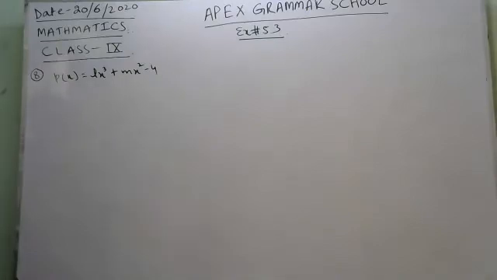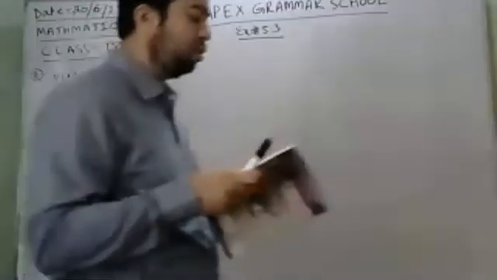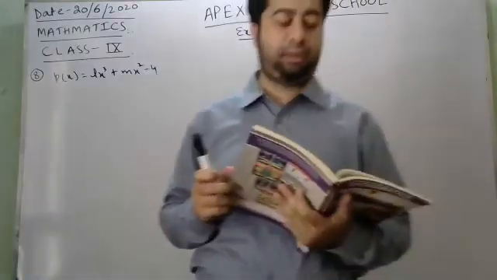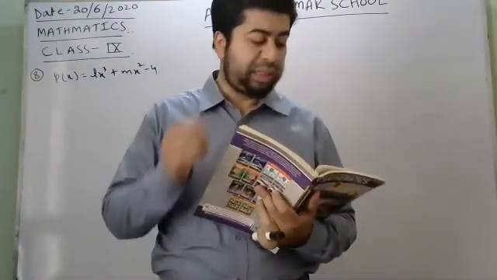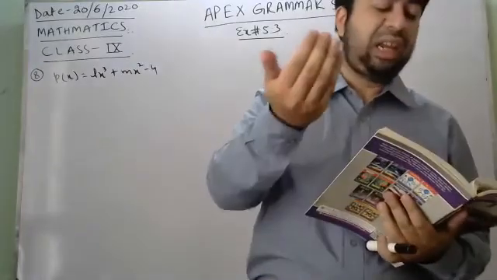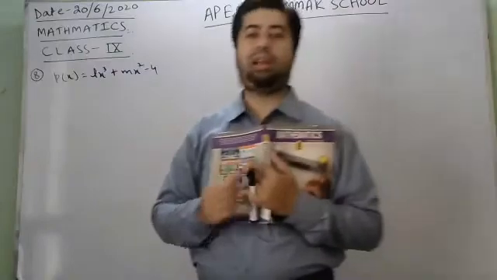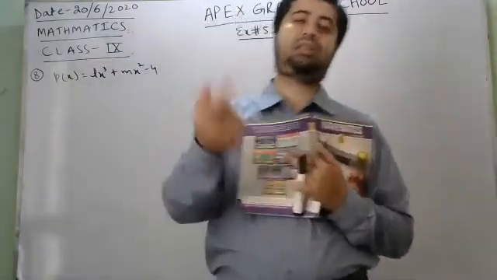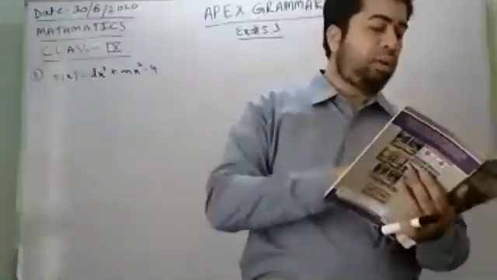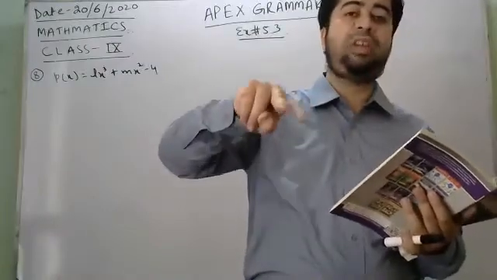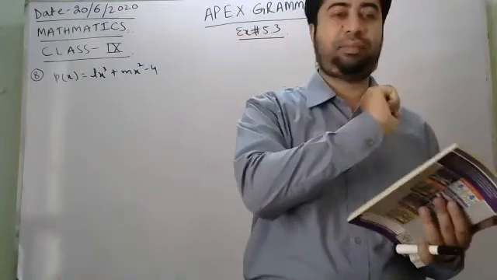So it is asking, just hold your books in your hand on page number 110. The expression Lx cube plus Mx square minus 4 leaves the remainders of minus 3 and 12. There are 2 remainders there. One is minus 3 and the other is 12. So these both remainders will be of 2 different divisors.